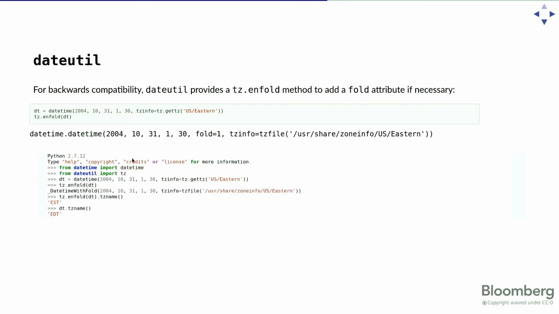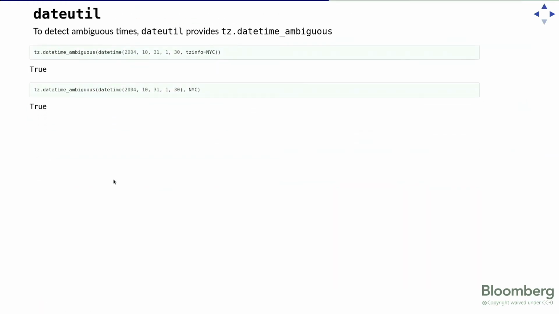So in Python 2.7, if you tz.enfold a datetime, you're setting the fold attribute to 1, and it creates this _DatetimeWithFold private object, which just is a datetime and reacts exactly how you would expect a datetime with a fold attribute to work. So you can still use the PEP 495 compliant stuff even if you're before Python 3.6.